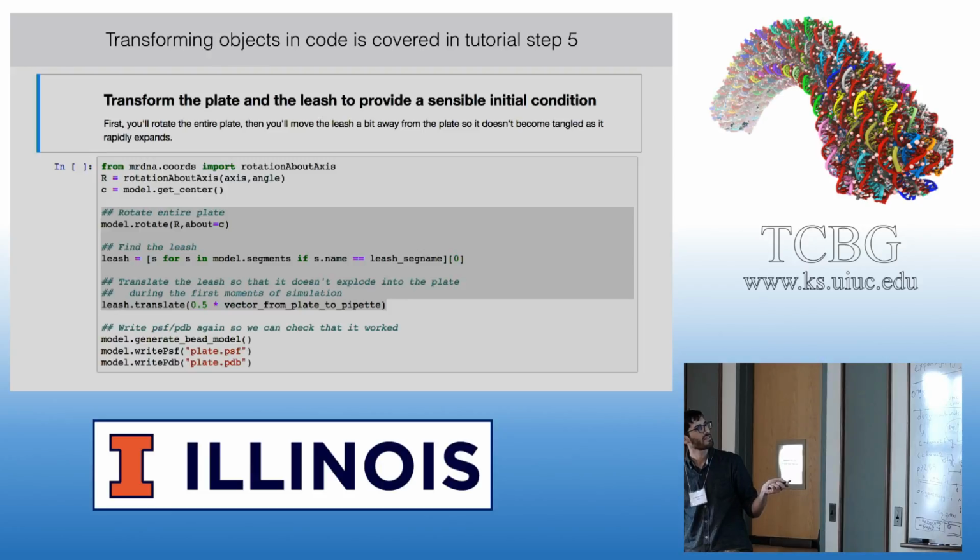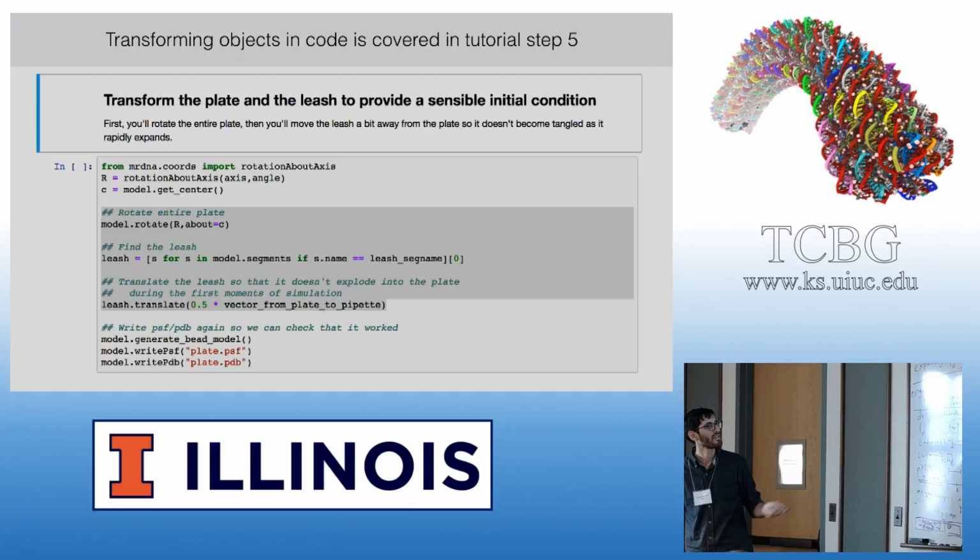So we have some simple commands. You start with a model that the tutorial introduces to you. You can get a rotation matrix very easily, and then you can just say, okay, rotate my model about this position.